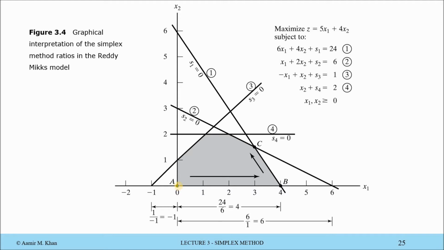So for example, you start over here at the origin, and then you move around the corners, around the boundary of the feasible region, in the direction where you rapidly see more improvement, either this side or maybe the other side where you see more change or more improvement.